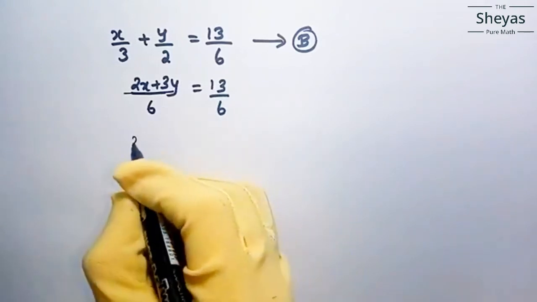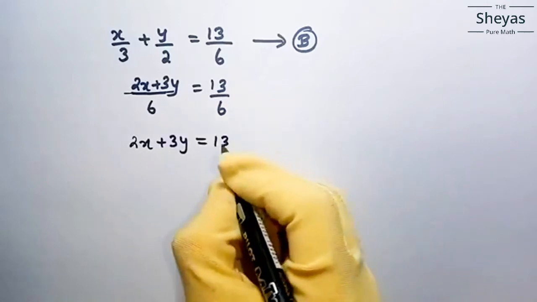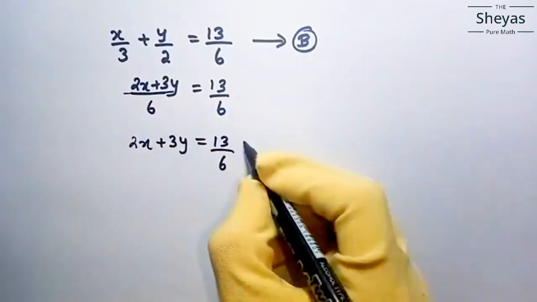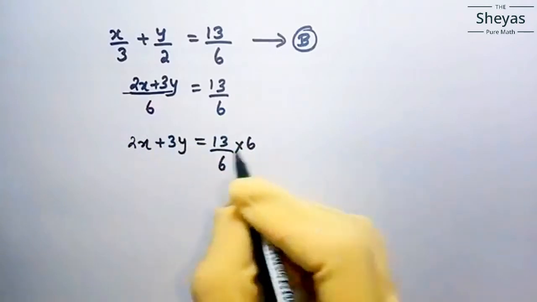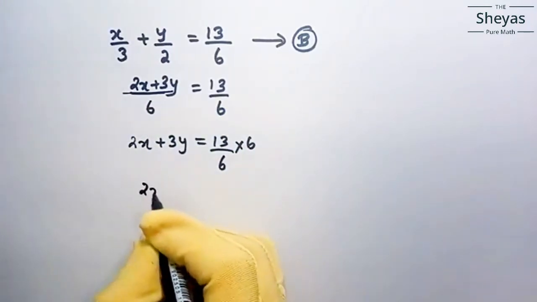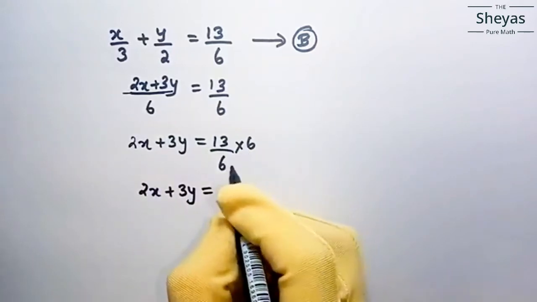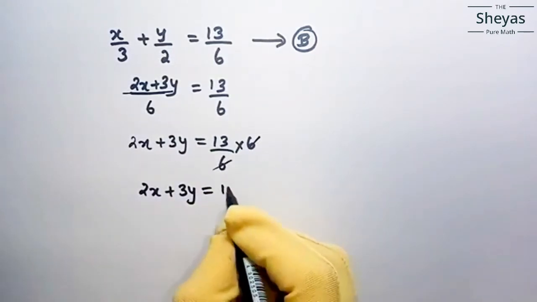So, here 2x plus 3y is equal to 13 by 6. This 6 I am taking to the other side. If it is in division, when it goes to the other side, it will be multiplication. So, 2x plus 3y is equal to 6 into 13 by 6, and the 6 gets cancelled. Therefore, 13.